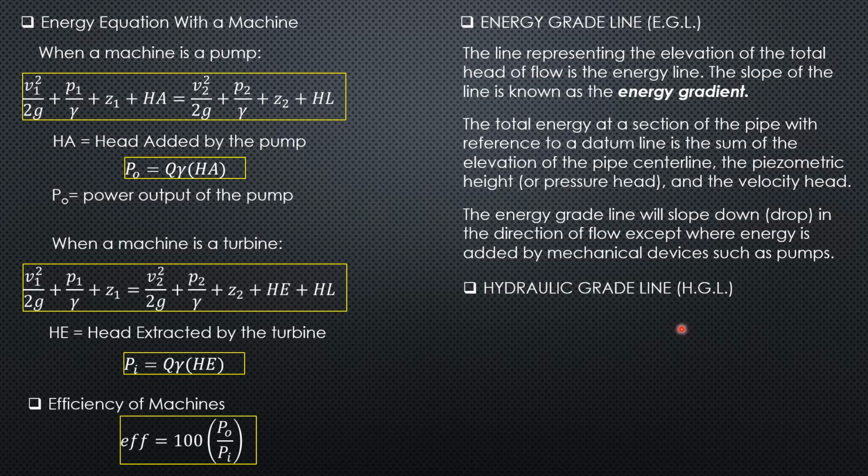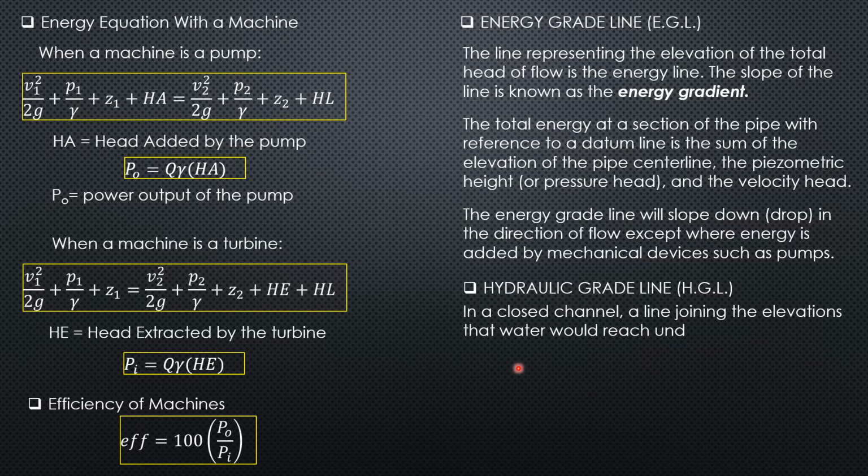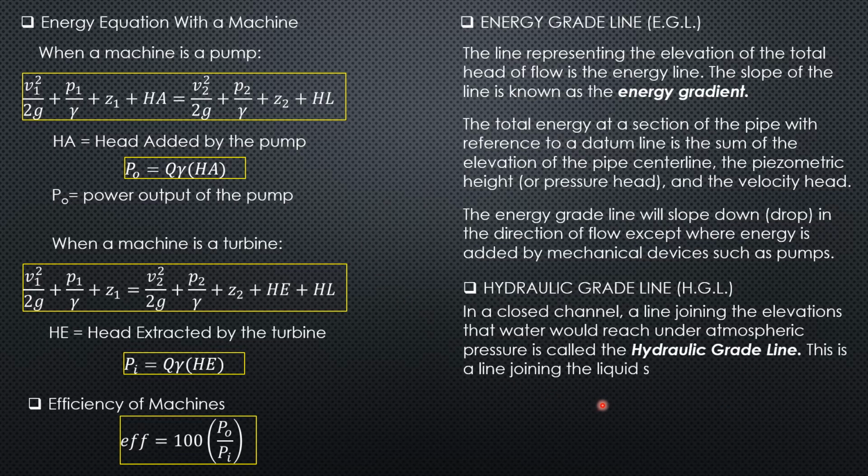The hydraulic grade line is the line joining liquid surfaces in a series of imaginary piezometers. So in a closed channel, a line joining the elevations that water would reach under atmospheric pressure, as mentioned earlier, is called the hydraulic grade line. And the slope is called the hydraulic gradient.